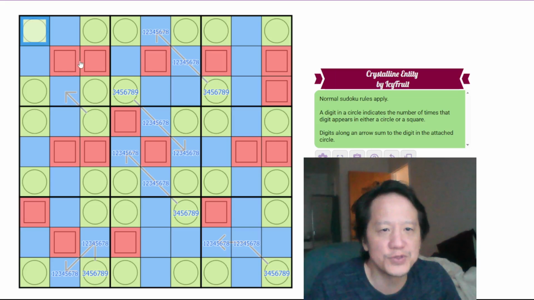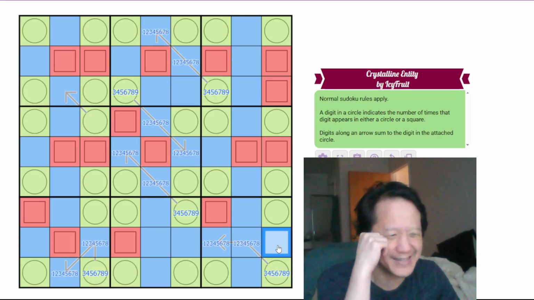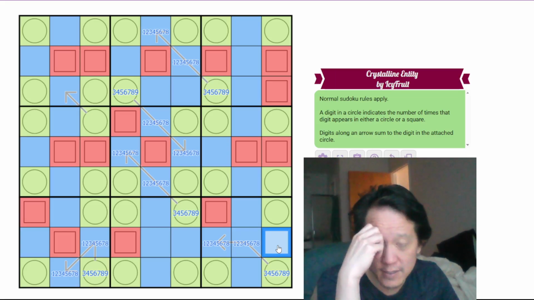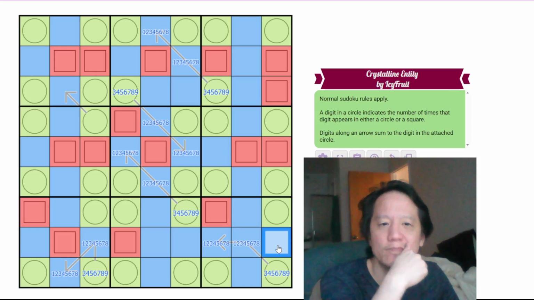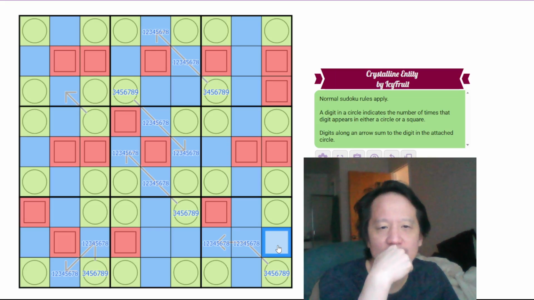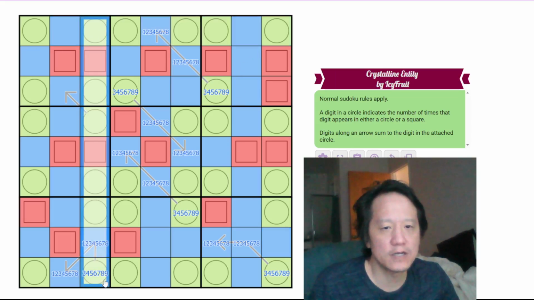In columns 3 and 8, we have 2 which are not in those columns, and they're different digits, but that doesn't really change much, right? 6 in that row, 6 in that column.